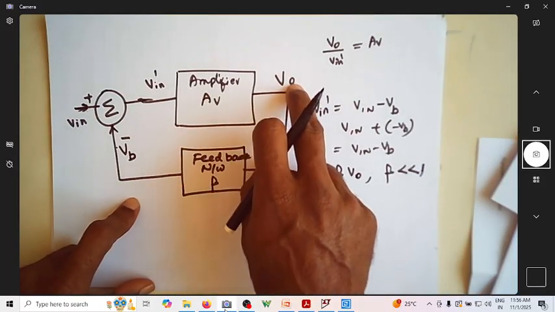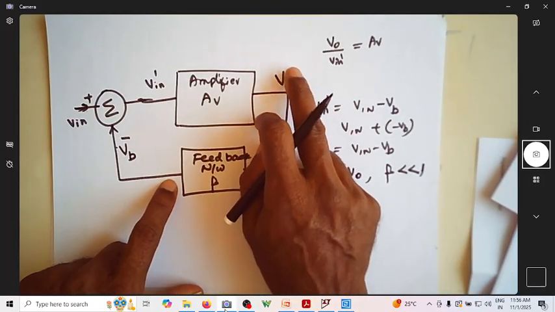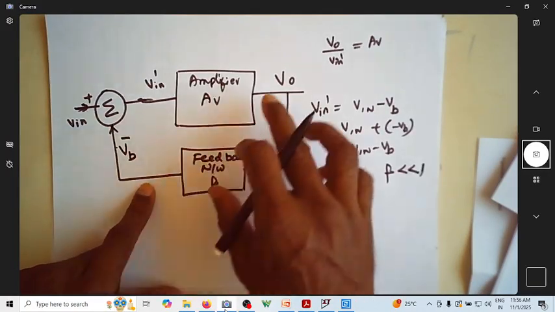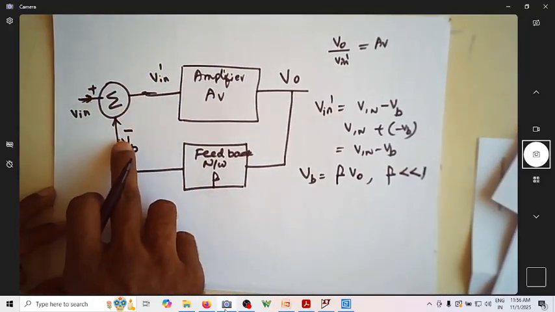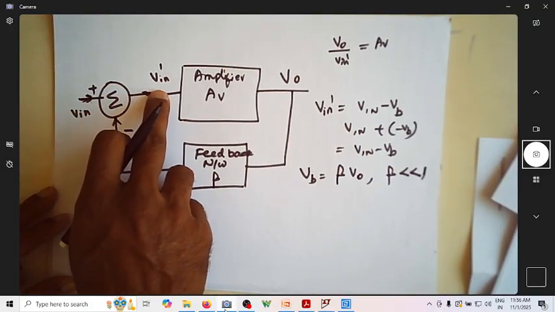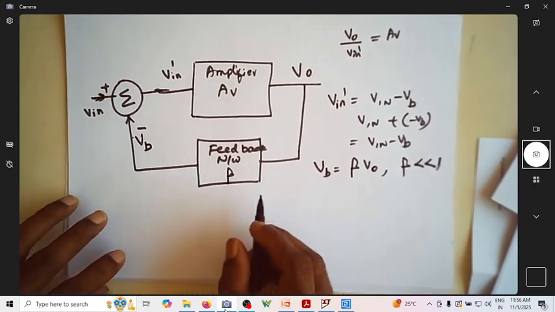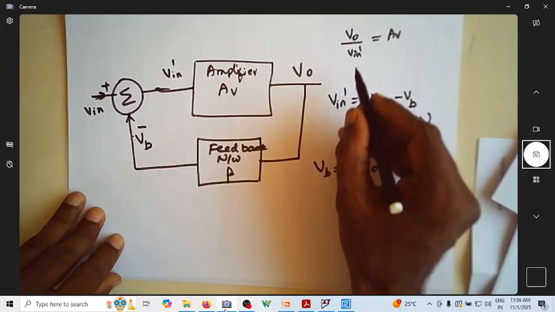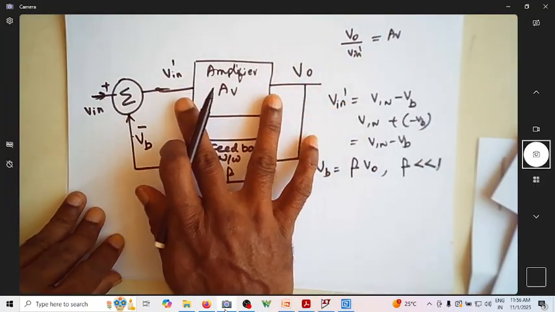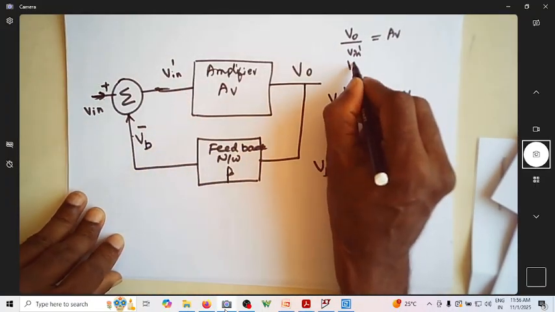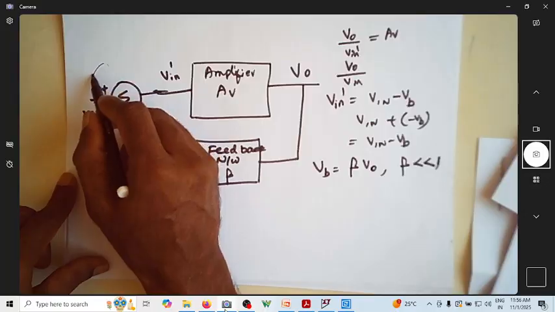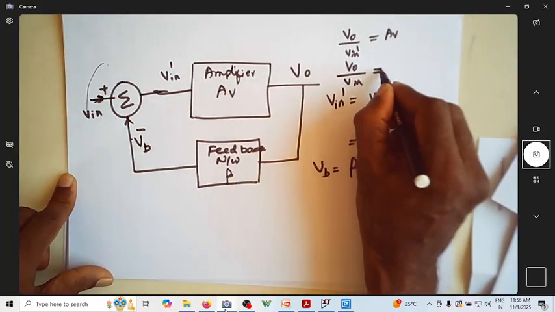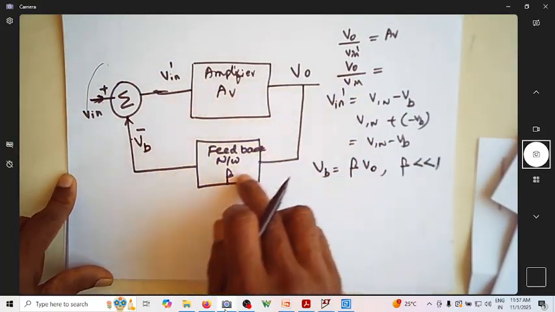If it is 10 volt and you apply 5%, then it is only 0.5 volts. You are applying a fraction of the output voltage back to the input, so the input is this minus this. Now we have two gains. One gain is this gain, the other gain is V0 by V in, which is the overall gain that includes the feedback.